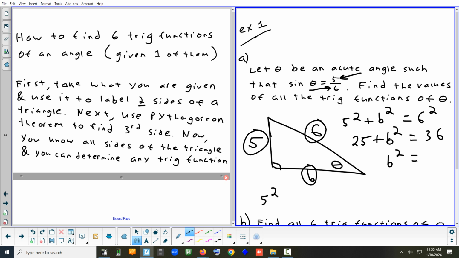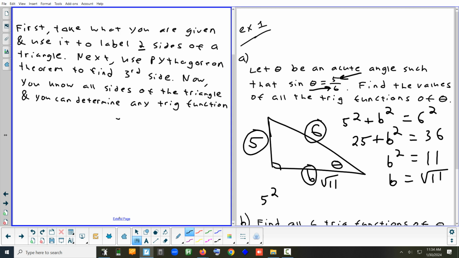So we're going to have to bring the 25 to the other side. So what's b squared? It's 11. So then what is b? The square root of 11. When you're doing a problem that asks you to find all the trig functions, don't round that off. Just leave it as the square root of 11. Okay, now we know all the sides. Okay, I'm out of space, but hopefully you have a little more space. I'm just going to jump over here and write down these 3 things.